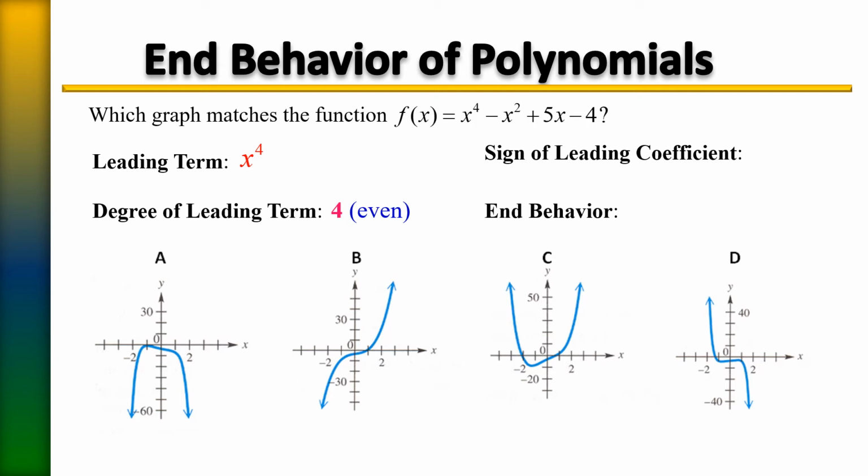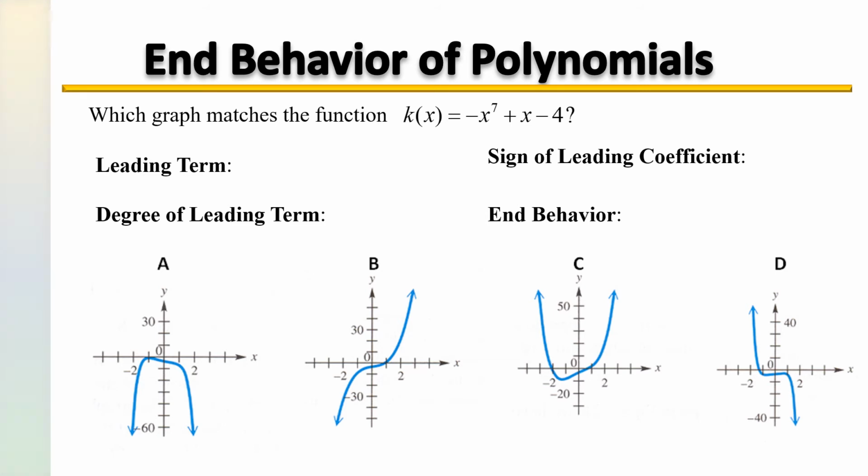Because the sign of the leading coefficient is positive, that indicates that both ends of your graph will rise up, and so the graph would be choice C.